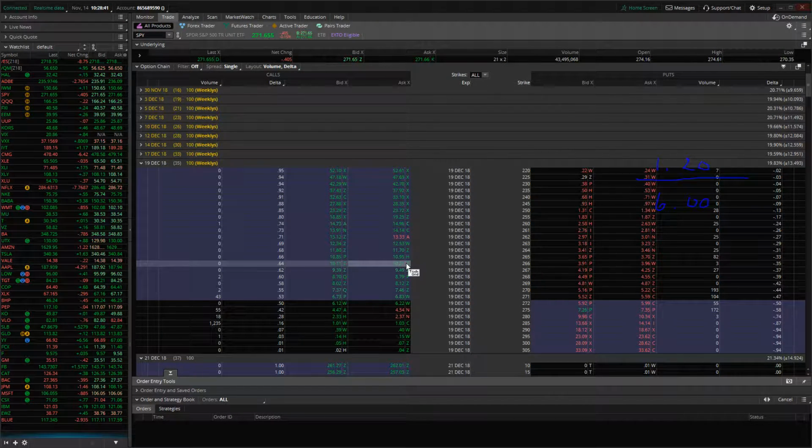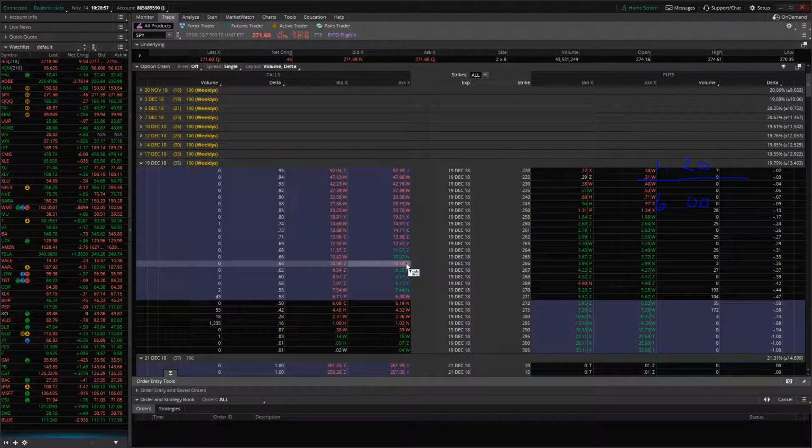Now, in the back of my mind, I know that every day that doesn't happen, there's going to be some time decay and some implied volatility loss. So I just say, okay, every day it's going to cost me 10, 20 cents on my option, about 1% on my option.